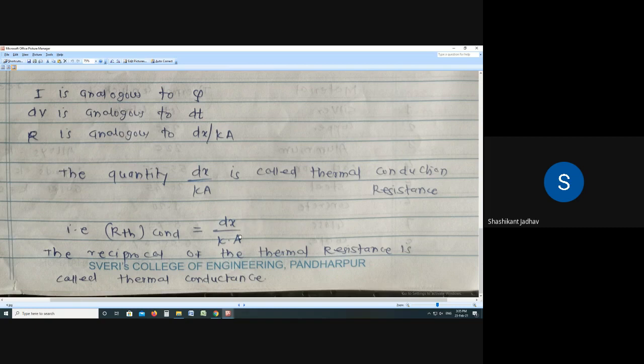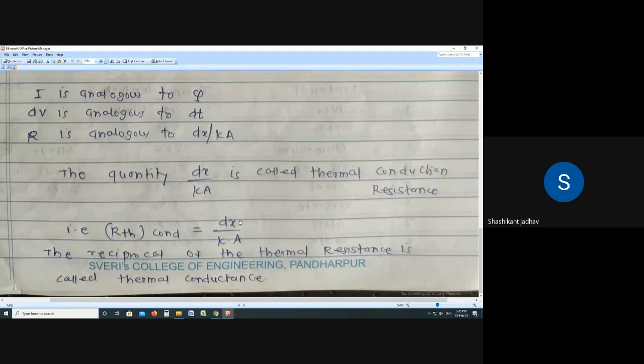So this is nothing but thermal conduction resistance. So by using this equation we have to find out the thermal conduction resistance, and the reciprocal of the thermal resistance is called thermal conductance. Next line, write down the reciprocal of the thermal resistance is called thermal conductance.